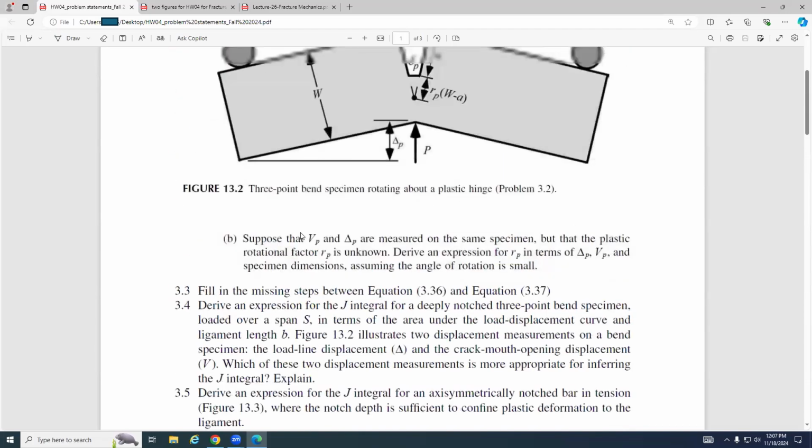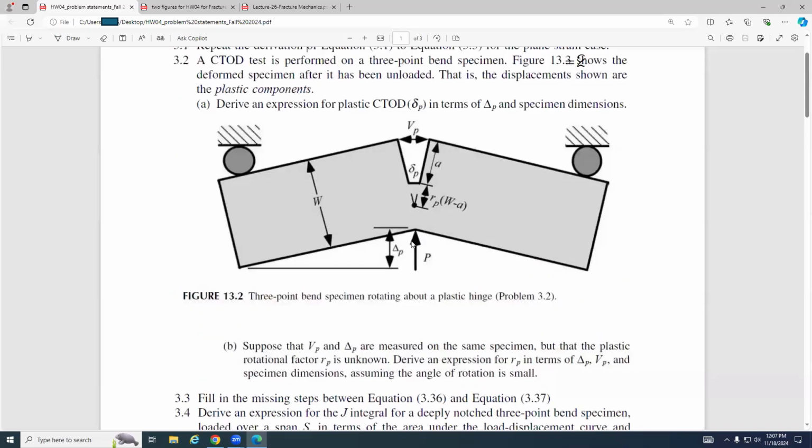So what does it say about this? This is P and delta P, where P is the applied load, which we can measure, and delta P is the displacement at the point where we applied our load.